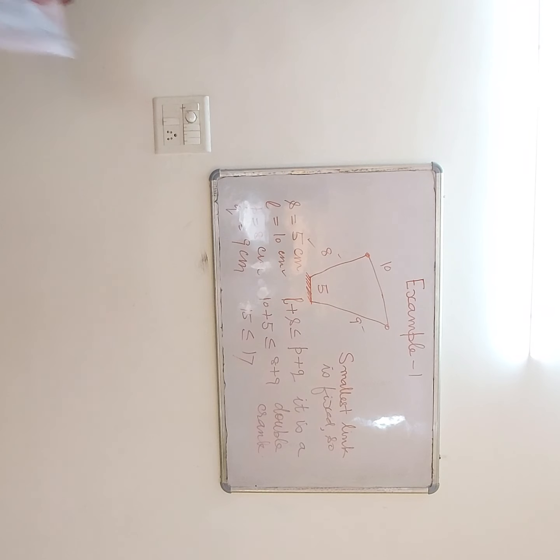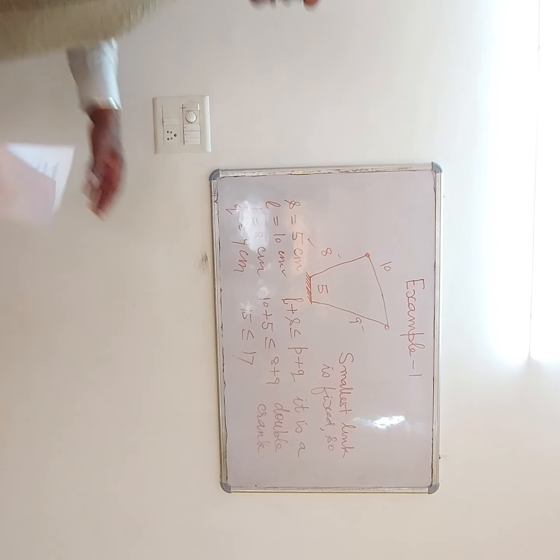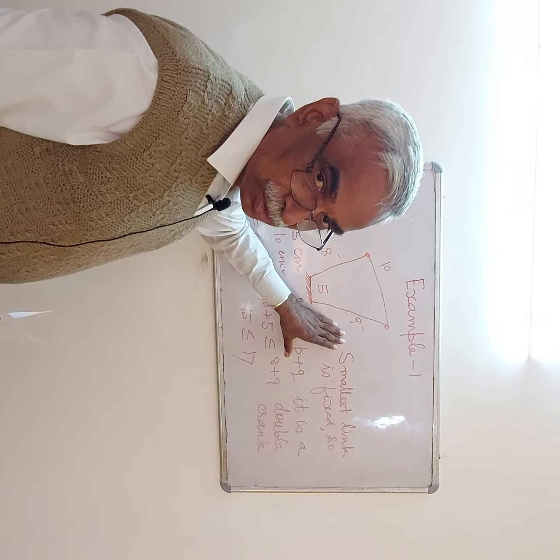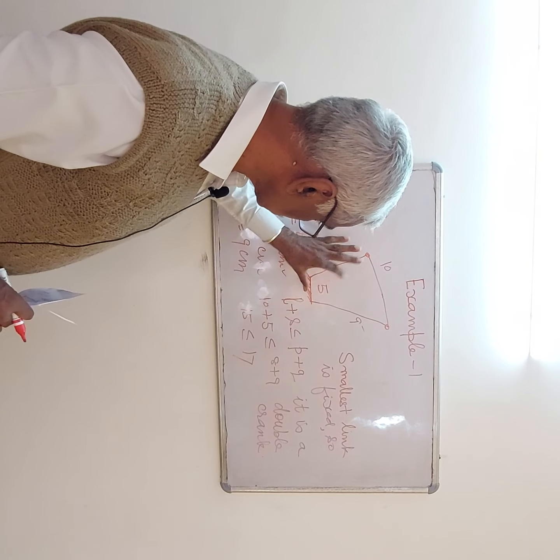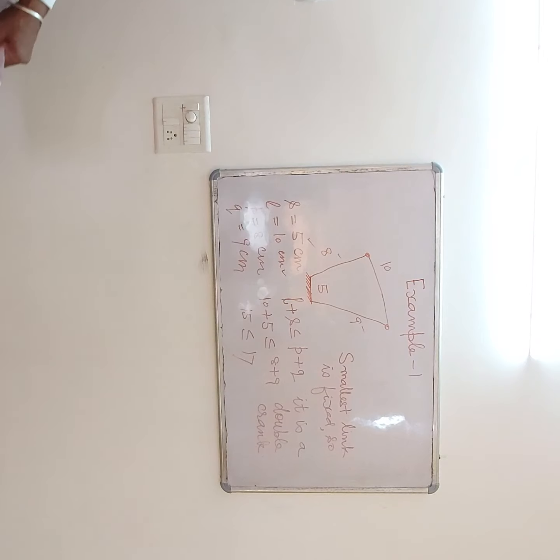This is the answer. Since the smallest link is fixed, it is a double crank mechanism as per condition number 1 of the Grashof inversion.